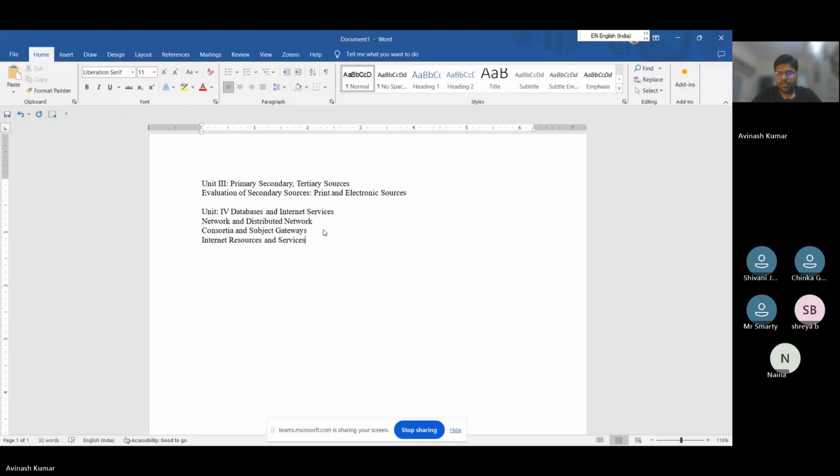And the last unit is unit 5th, role of contributors and institutions in the field of social science.